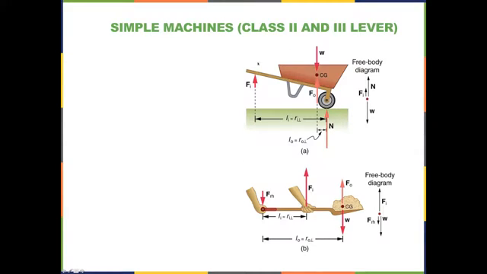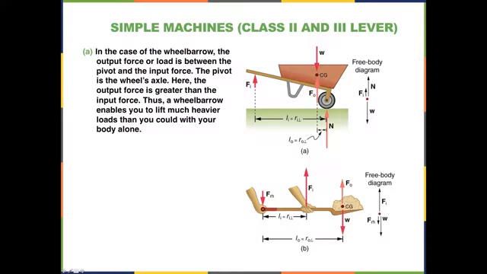With a second class lever, of which a wheelbarrow is an example, the pivot point is here, where N is. The output is here, and the input is over here. So what you see is that both the input and the output are on the same side of the pivot point, and the output is closer to the pivot point than the input.